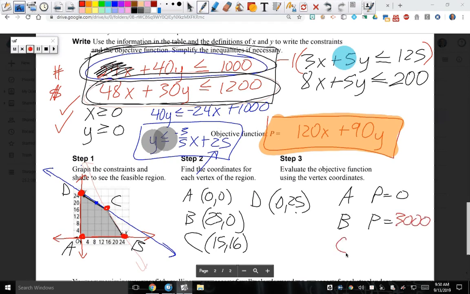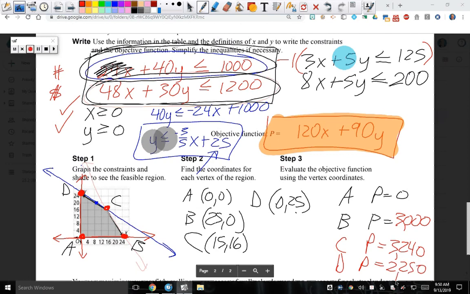C. I'm using the calculator. I'm maximizing the profit. Anyone, what would I get for C? 3240. And last but not least, at D, anyone, what would I get? Yes, nice, 2250.